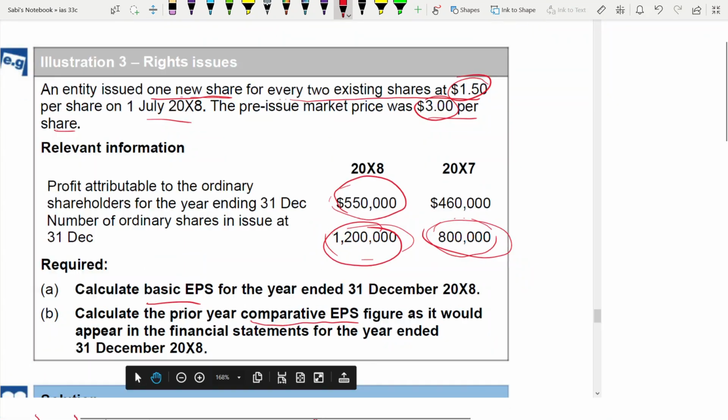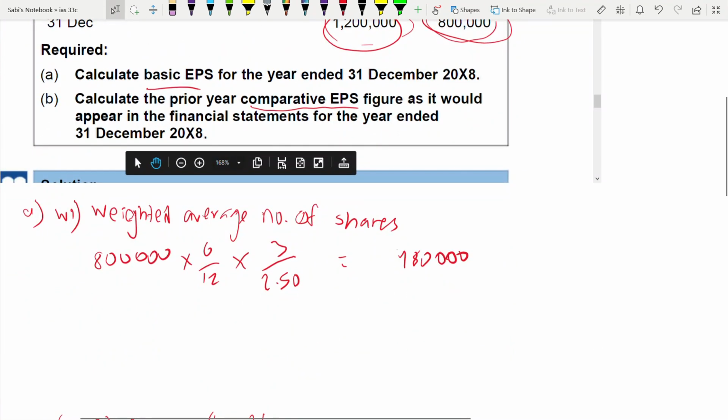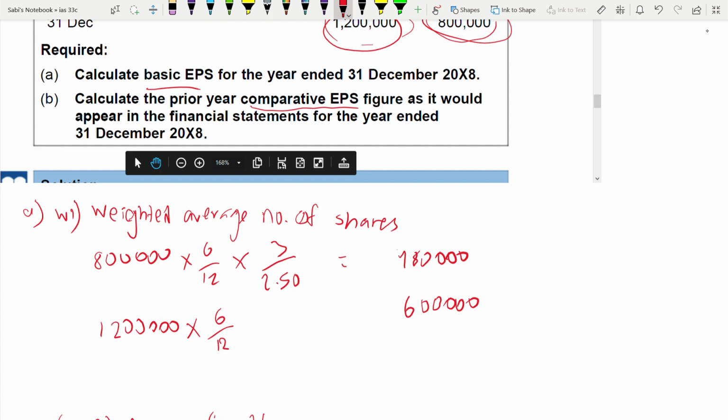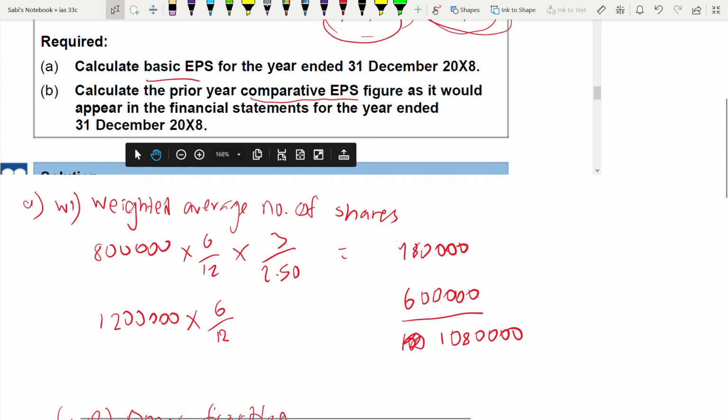You can just take the 6 months. It's just 1 million into 6 over 12, which is 600,000. So it will be 1,080,000.